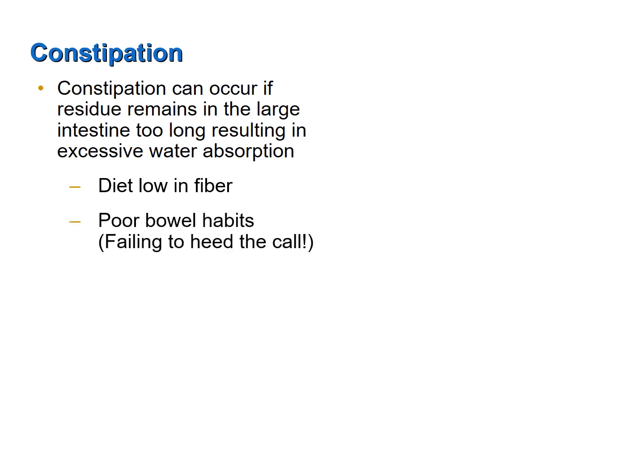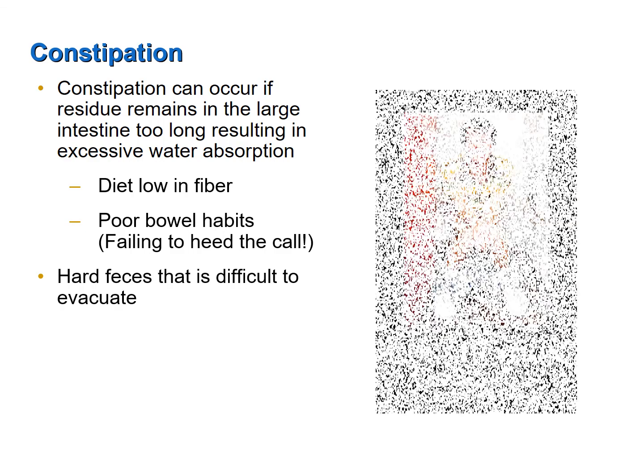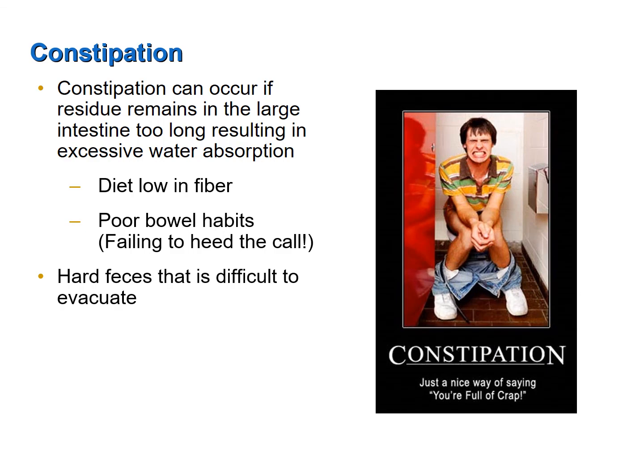Poor bowel habits or just failing to heed the defecation reflex can cause feces to be retained in the large intestine for an excessive amount of time. This results in hard feces that are difficult to evacuate from the large intestine.